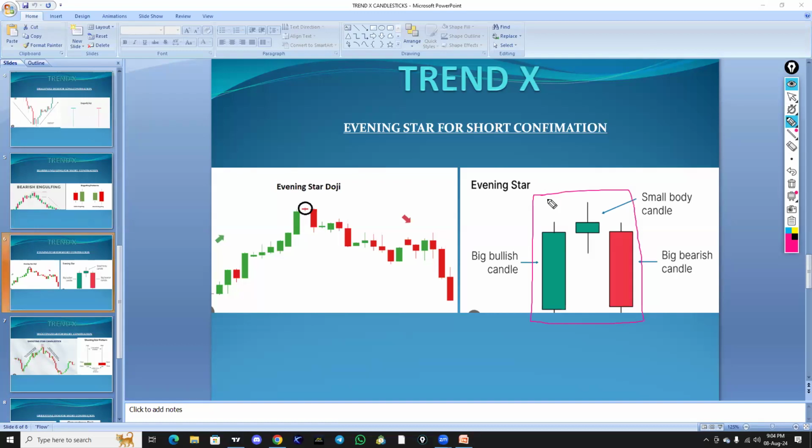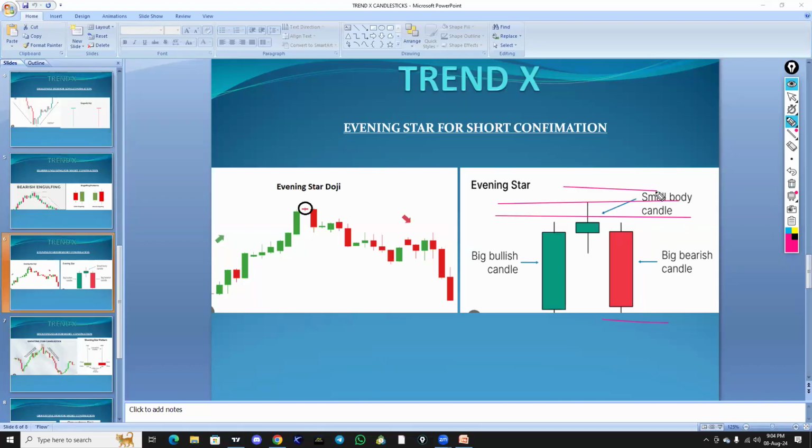Correct. Now this is a short. We are looking from resistance. You can see this is a doji and a red candle. Once the candle closes, we can say this is an evening star. Now this is near resistance, so the trade will start from here.